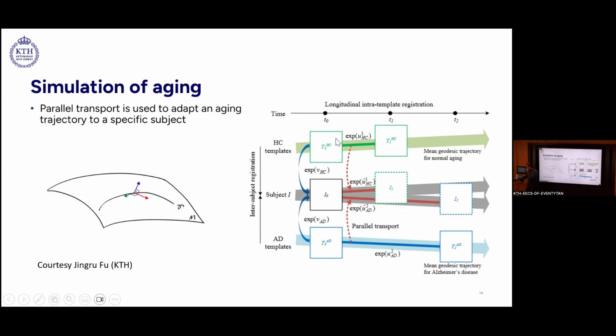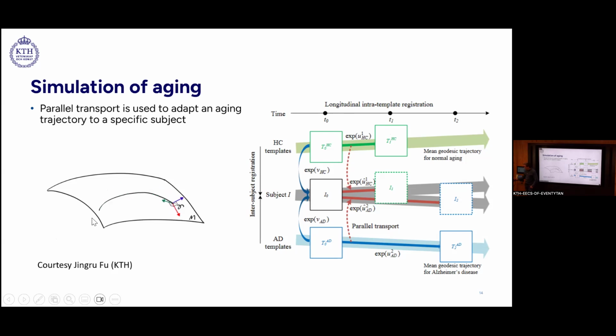The next step is to use something from registration called parallel transport, which is to move this trajectory into the specific subject that we have. So it's just to bring this trajectory into the space where the subject is.